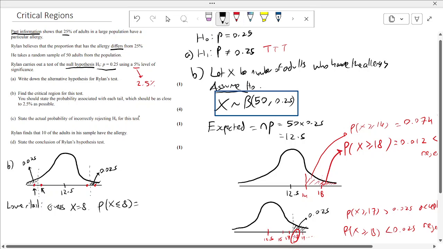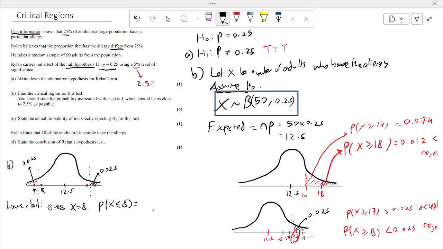And my probability is, let's see here, 0.0916. Okay. In this question, because I need to be less than 2.5% to reject, this is not less than 2.5%. This is still an accept H0. Okay, so I need to go further down.